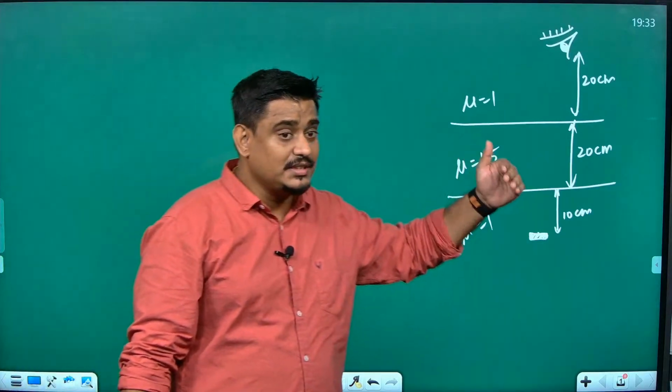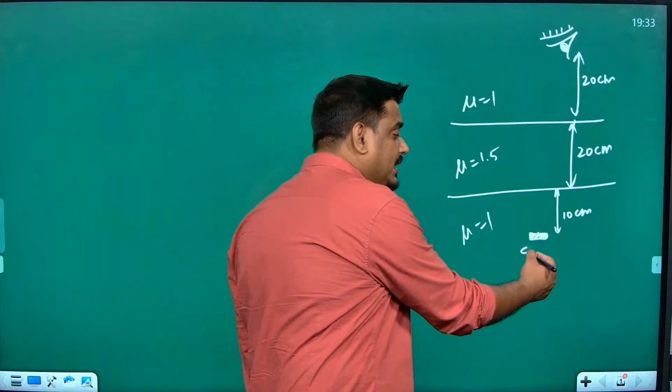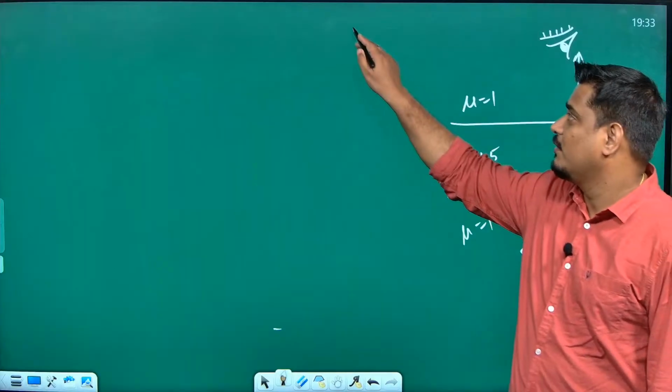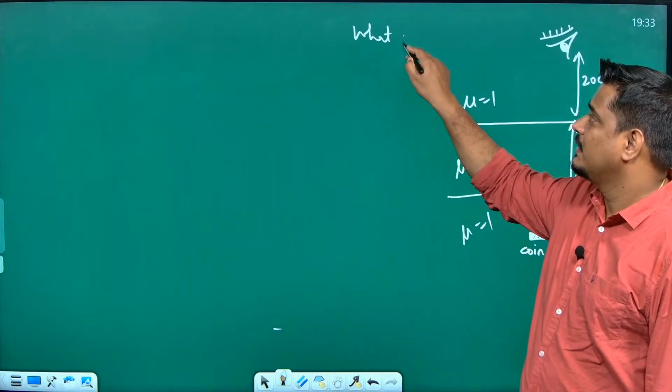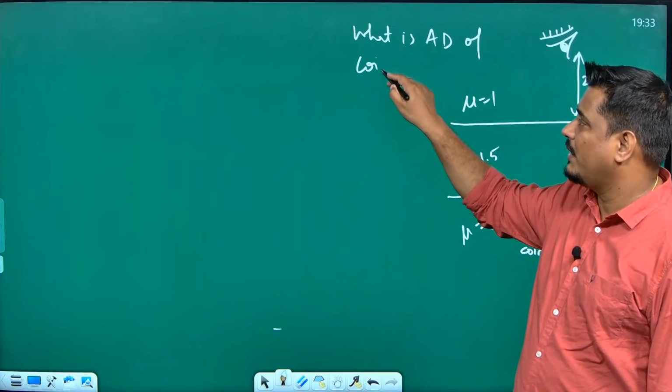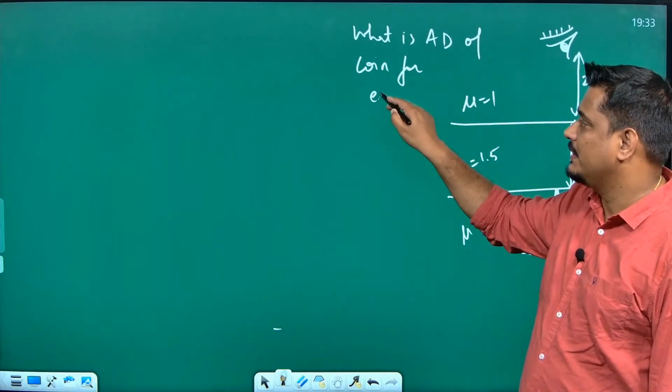Now, the question is, what is the apparent depth of the coin for the eye?